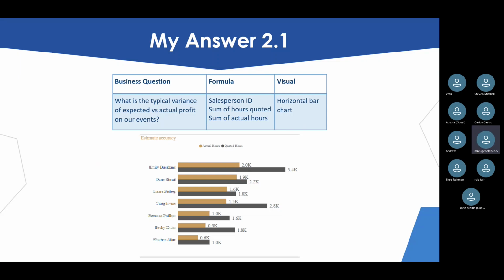As you can see on this graph, salespeople generally quote for more hours than they work. So salespeople actually do quite a good job selling. Well, I won't tell their clients.